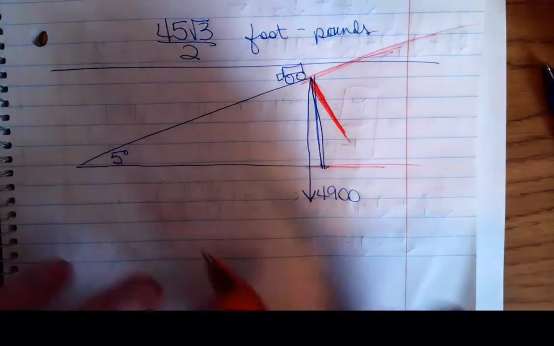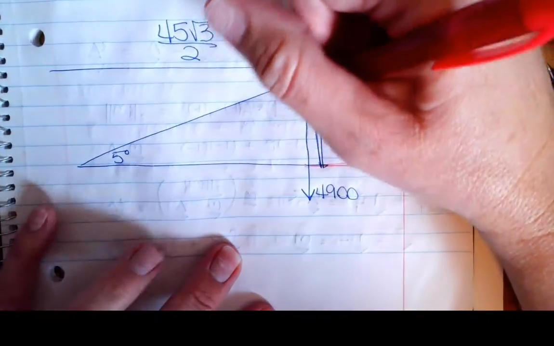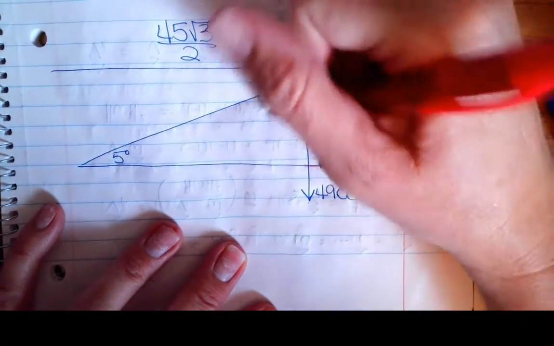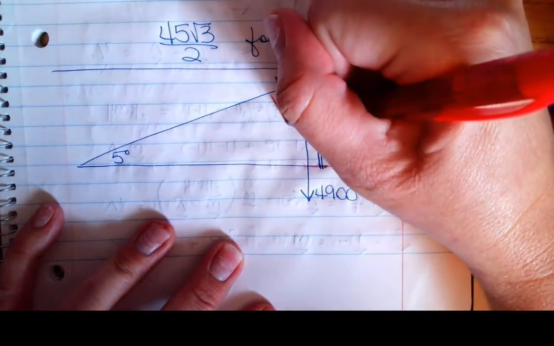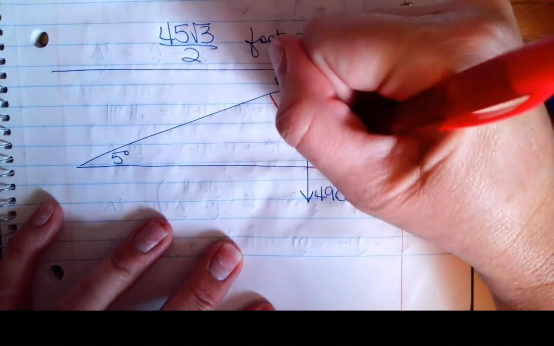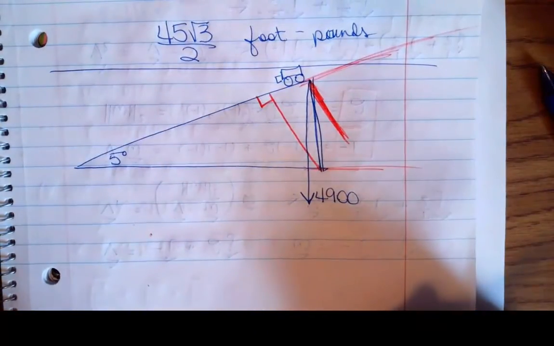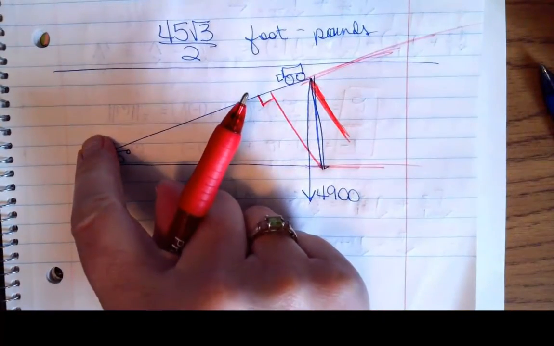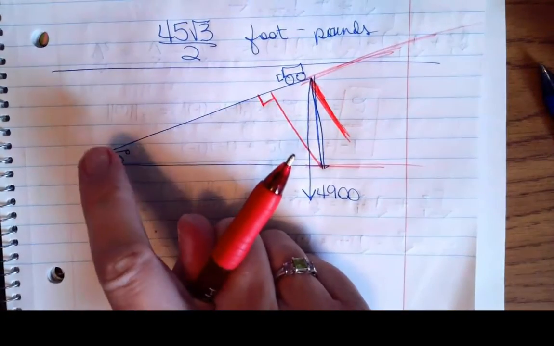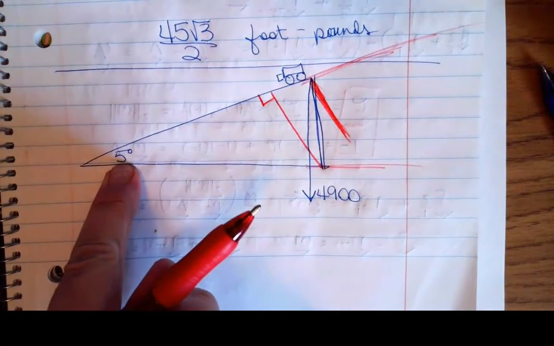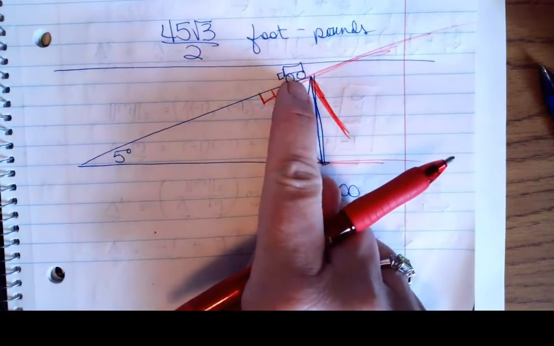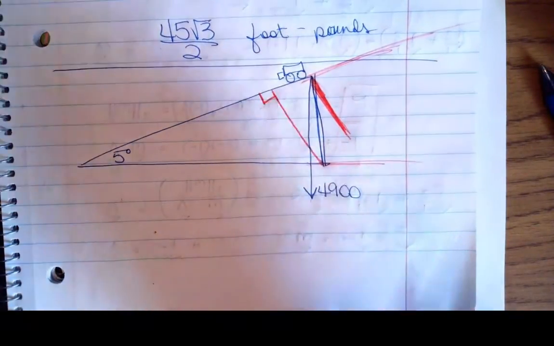So what I'm going to do is take this right here and redraw it this way. Notice that I've made a 45-degree angle to the incline. What do I know? If this was 5, then this was 85, correct?